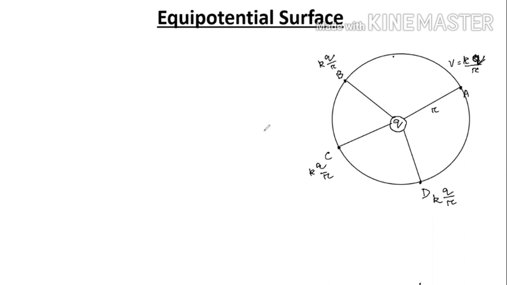So this is what equipotential surface means. This sphere which I have drawn is an example of an equipotential surface.